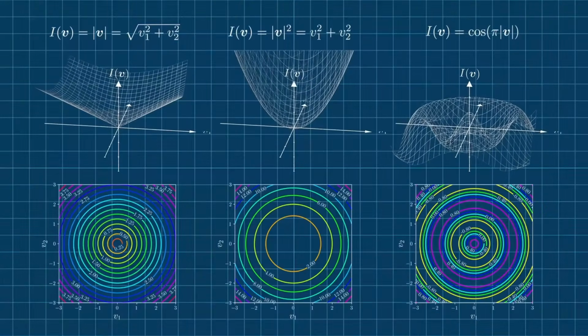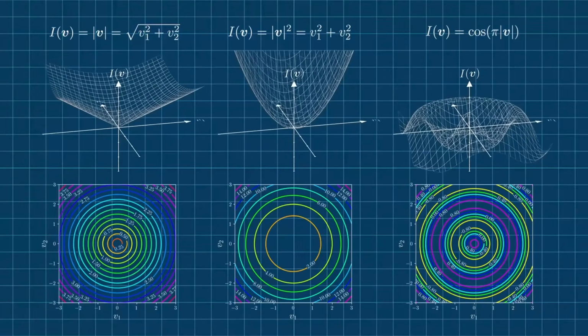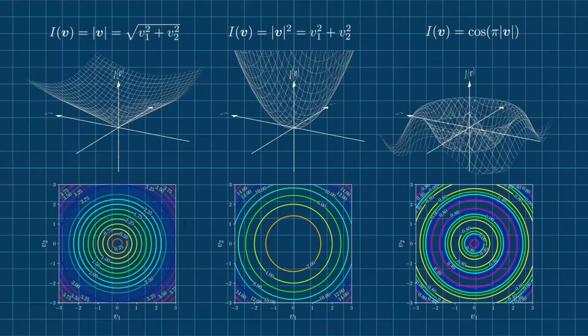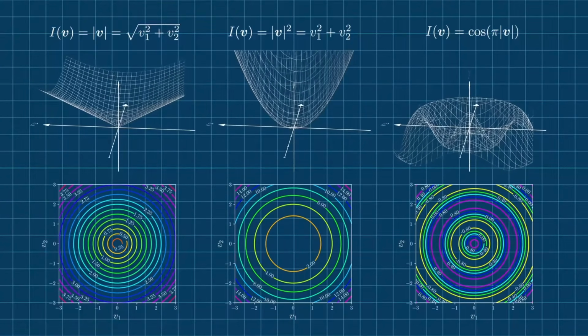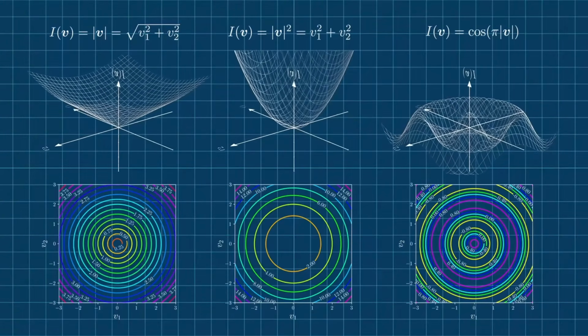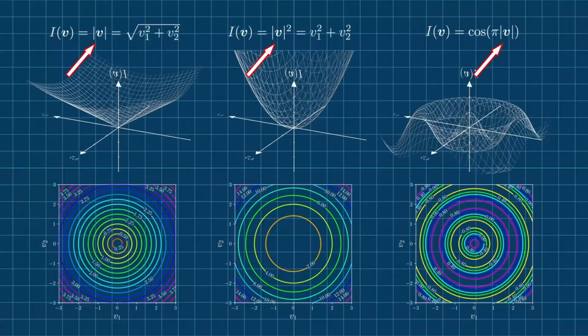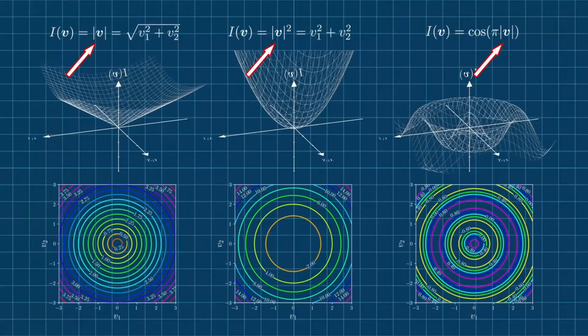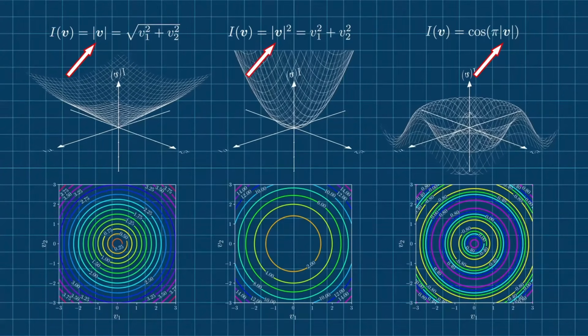Before we move on to second order tensors, let's take a quick moment to talk about the number of so-called independent invariants. I've already said that there are infinitely many invariants, but maybe you have noticed already that in every example so far, the magnitude of the first order tensor keeps popping up. So it looks like all these invariants have something in common.